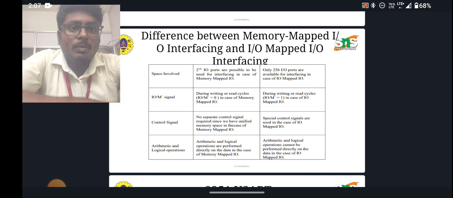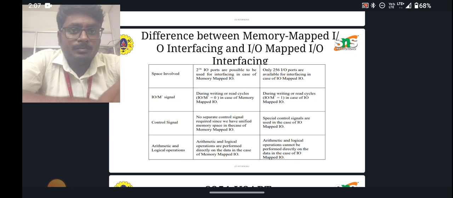And the IO/M bar signal during the write or read cycle: IO/M bar is equal to 0 in memory mapped I/O, whereas in I/O mapped I/O, IO/M bar is equal to 1.